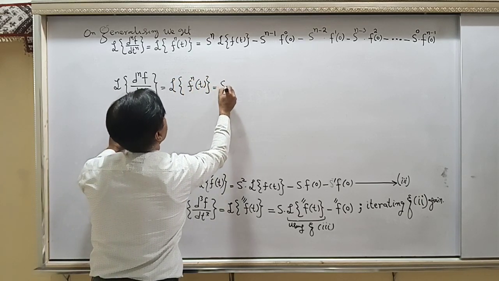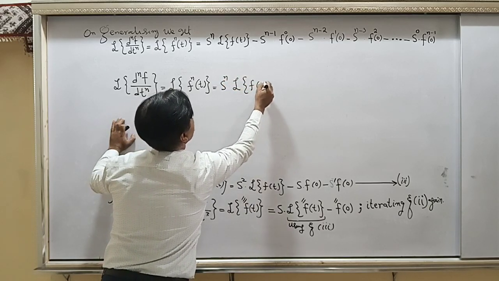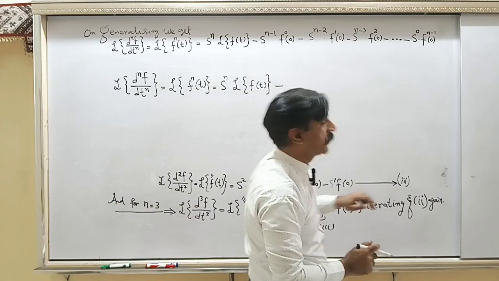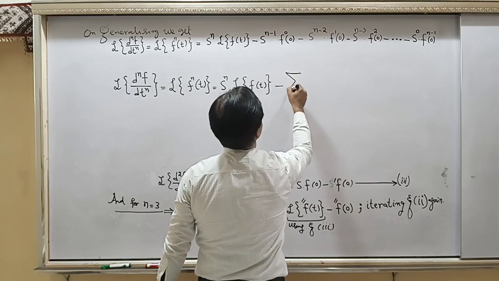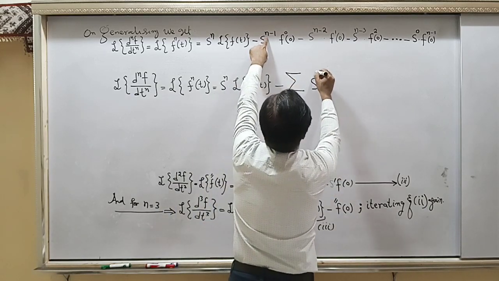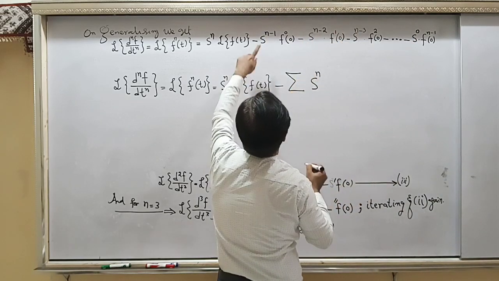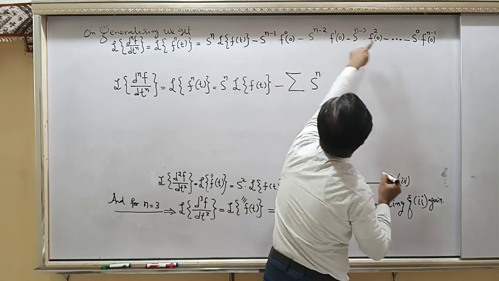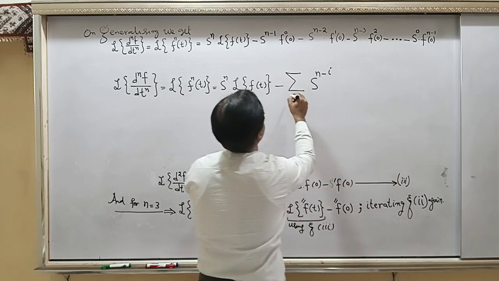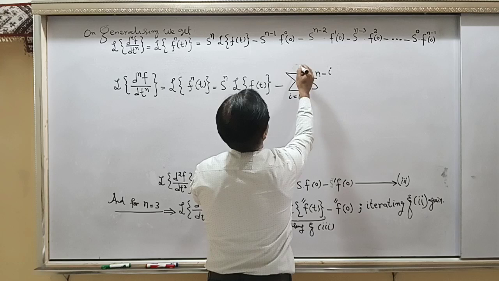L of f^n(t) is equal to s^n times the Laplace transform of f(t), and minus is common from all the terms, minus, then there is the summation sign, and s, and the exponent is n everywhere, you will write n, and this is changing 1, 2, 3 and so on. So this changing index is i, and i is from 1 to n.